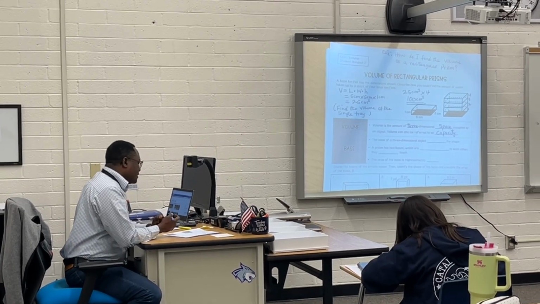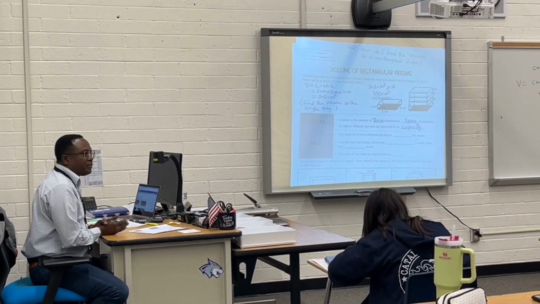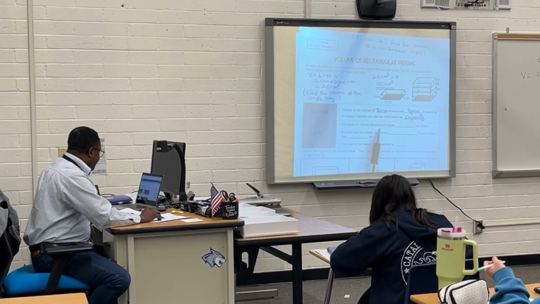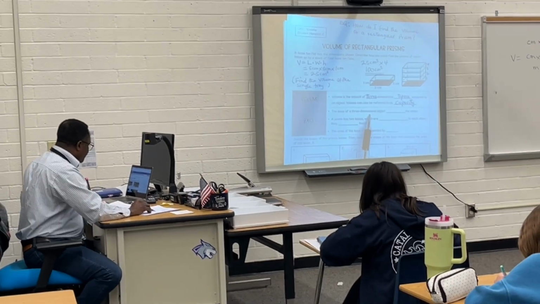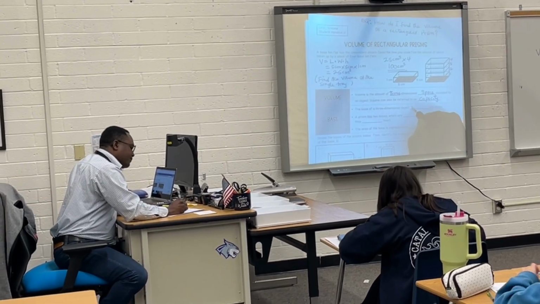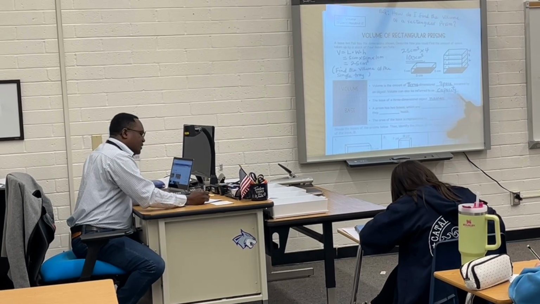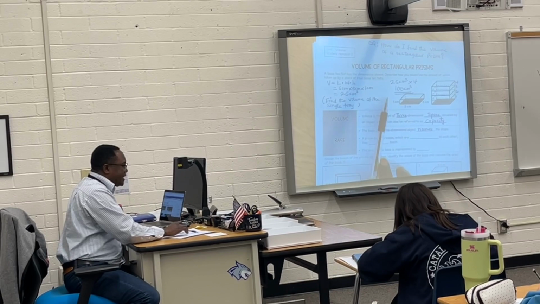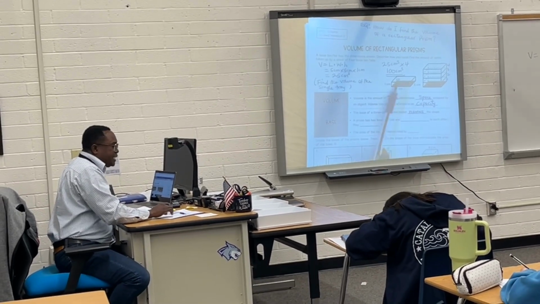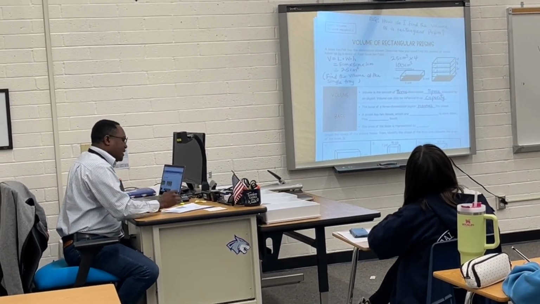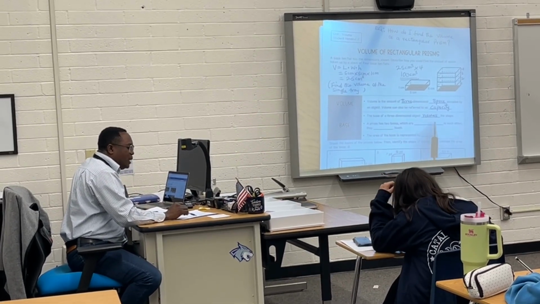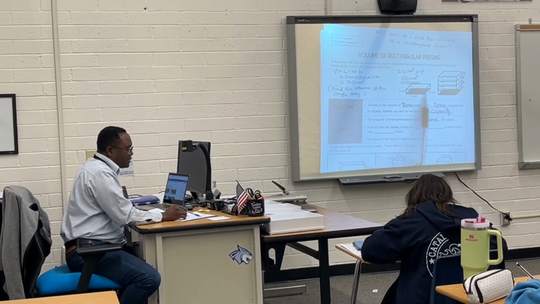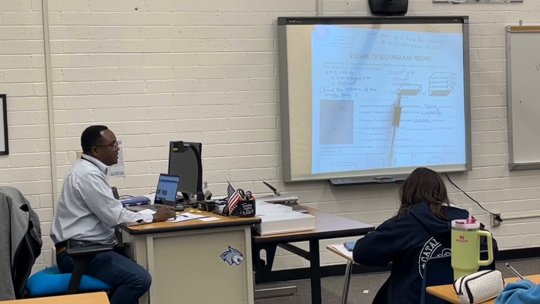Now let's go to the base of the prism. So we are saying the base of a three-dimensional object names the shape. If you look at this shape, I call this one a rectangular prism because of the shape of the base. Who can tell me the shape of the base?